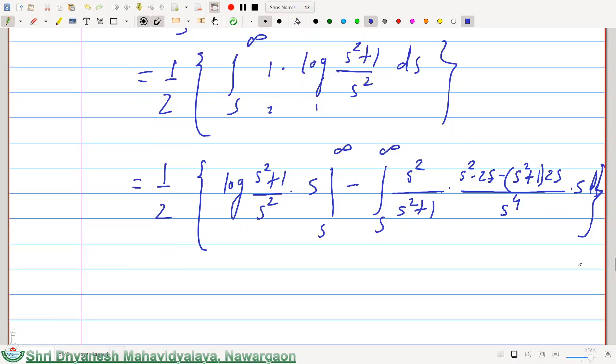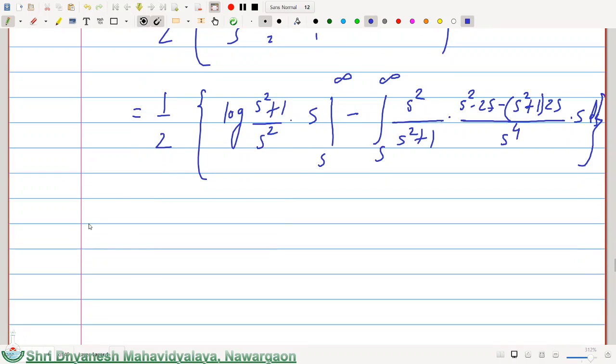The next step will be 1 by 2 s into log of (s square plus 1) upon s square, or instead of writing it that way, you just separate the denominator here.